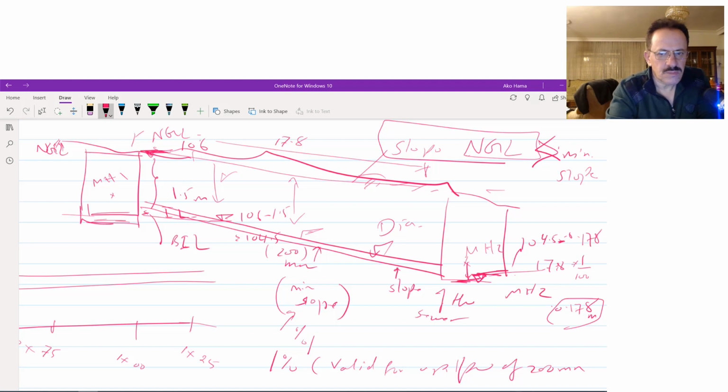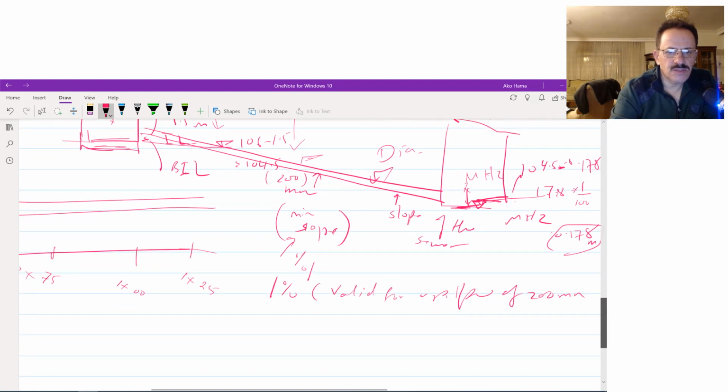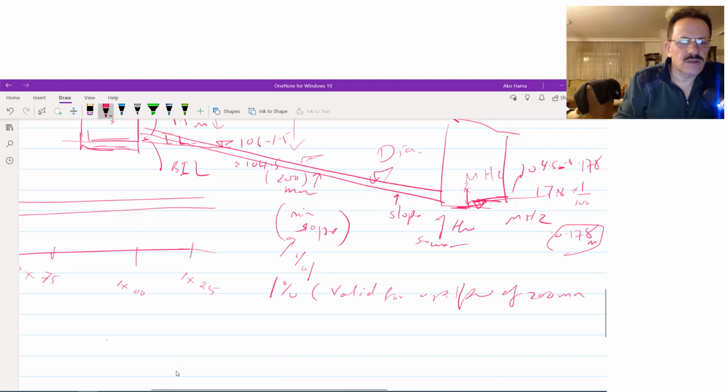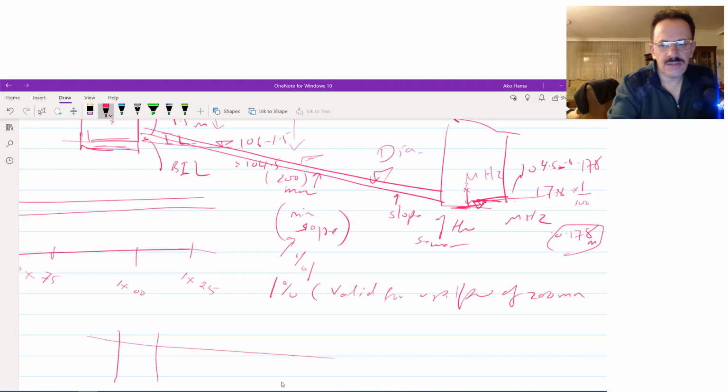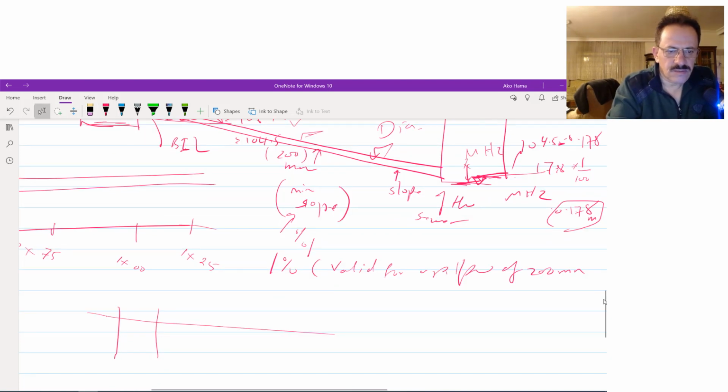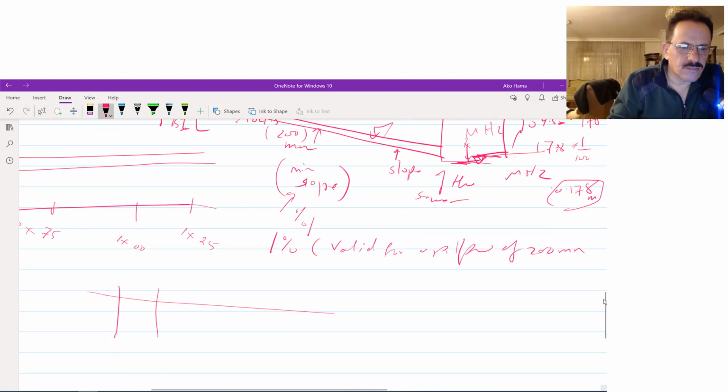Now I have to go with the pipes, and I have to assume the sewer diameters based on this, and after that I have to check. I will draw a line for manholes and pipes, from manhole number to manhole number.